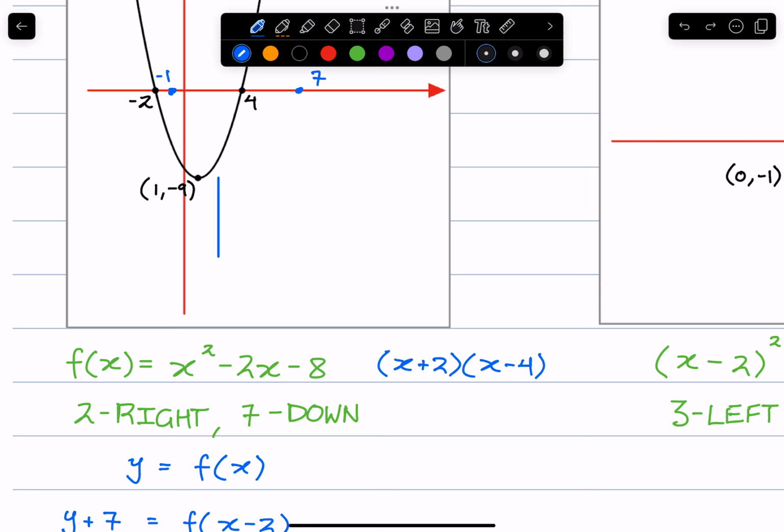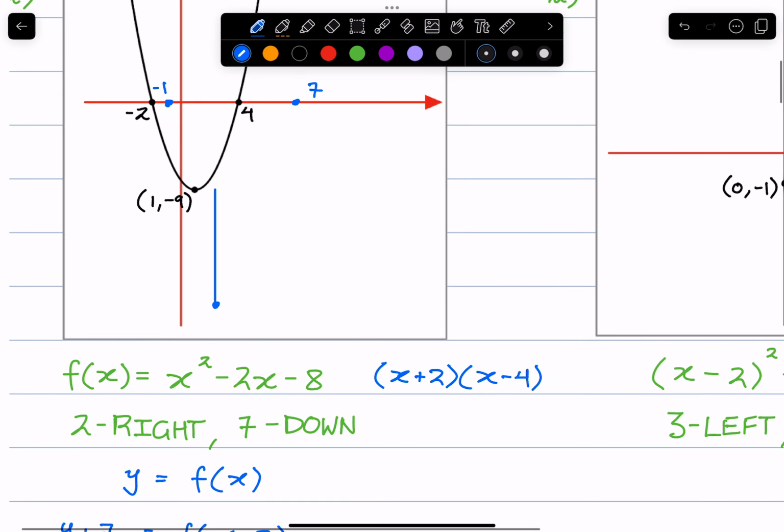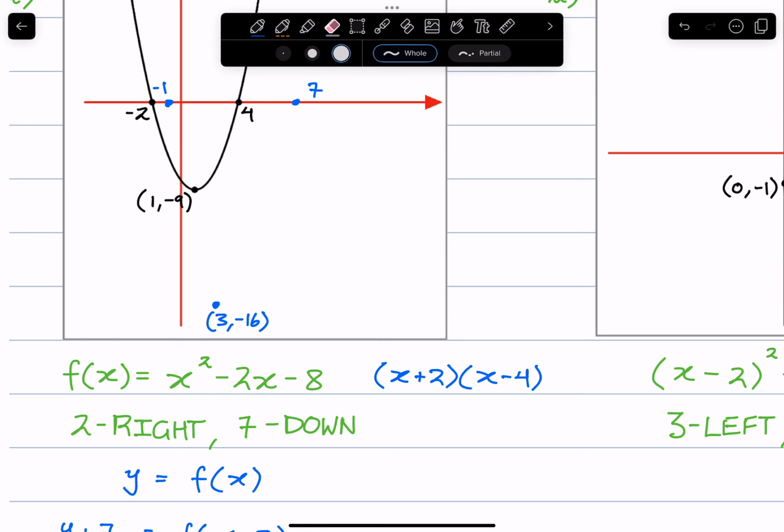So our new point here, let's just say approximately, that would be 3, -16. As for these points, 2 units to the right and 7 units down, that would get us to 0, -7.